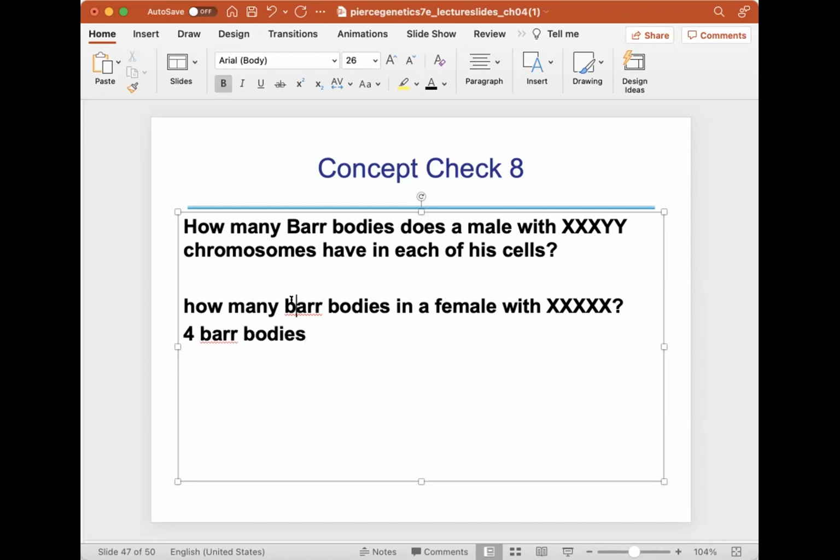So basically what happens with X inactivation, for any individual across the board, you only need 1 X chromosome in each cell to still be a functioning normal human. We didn't talk about this in class, I don't believe, but you can have an individual who's XO and they're still normal.